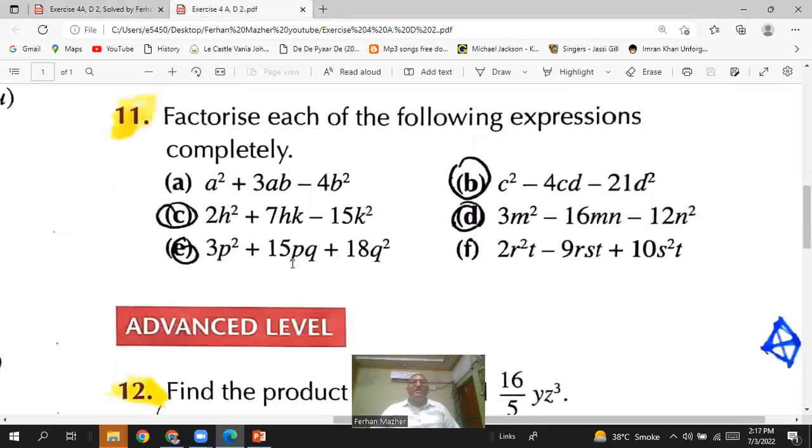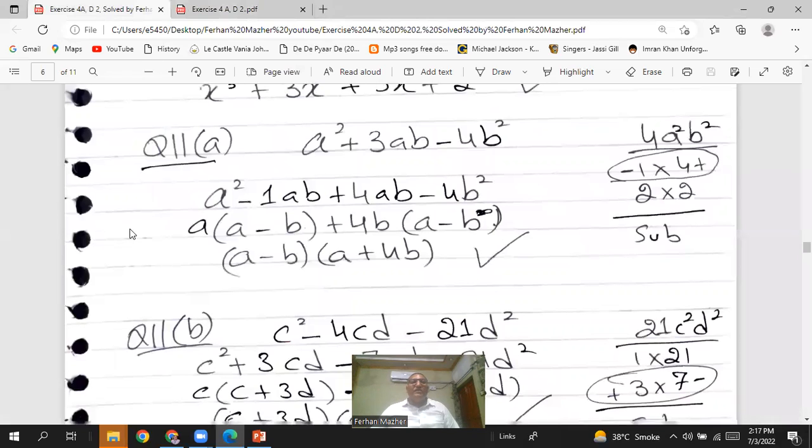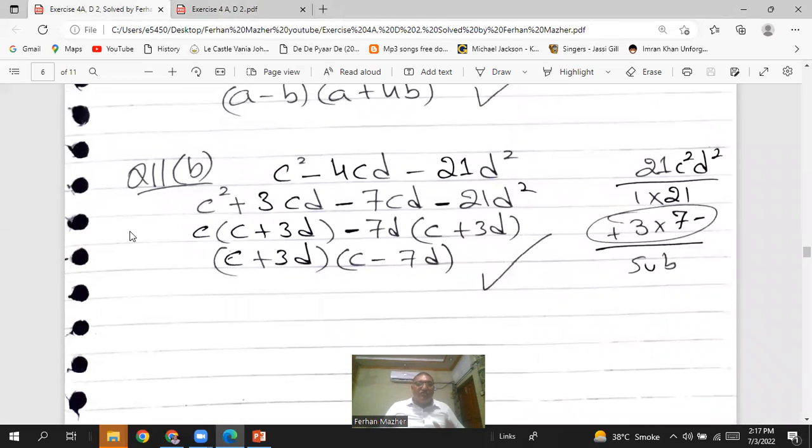Question number 11 B part is c square minus 4cd minus 21d square. The B part is coming up on your screen, and we will multiply the extreme terms. When you multiply the extreme terms, you get 21c square d square. I will write the factors of 21. They are 1 into 21 and 3 into 7. With the third term, we have a negative sign, so I write here subtract.